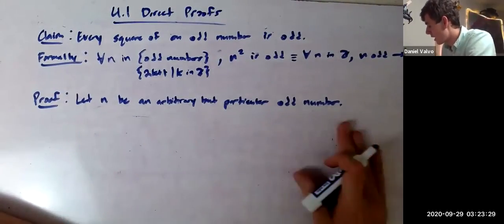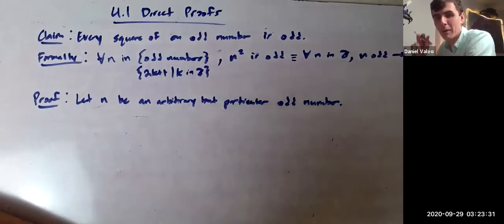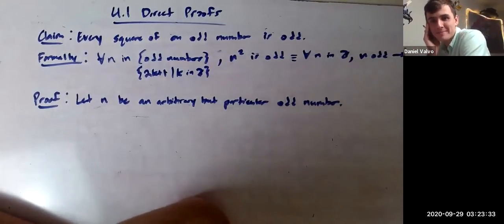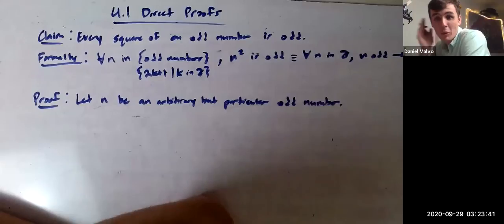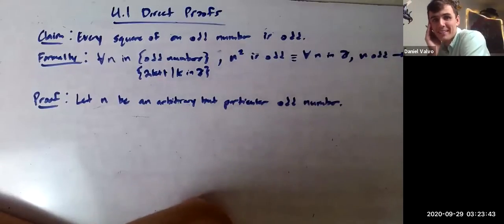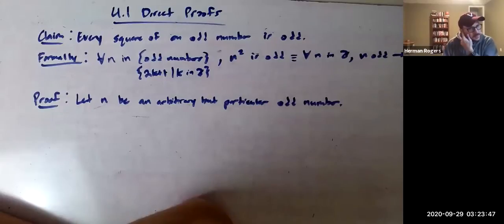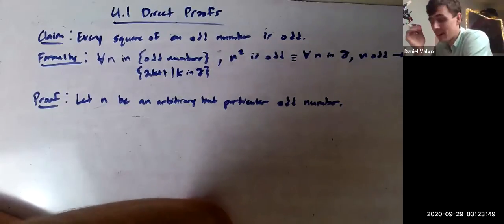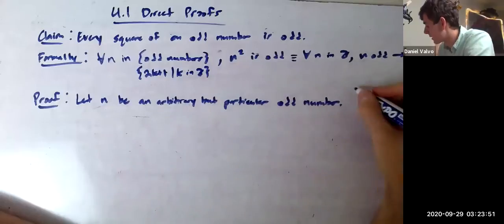Cool. So what do we know about n if it's an odd number? We only know really one thing about it. What's our definition of odd? It's a multiple of 2 plus 1. You can write it like 2k plus 1.